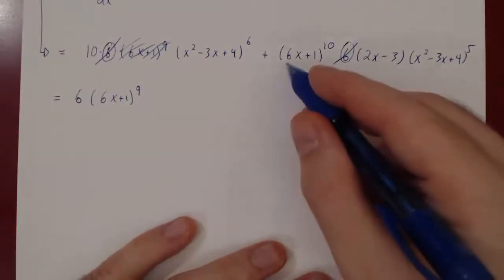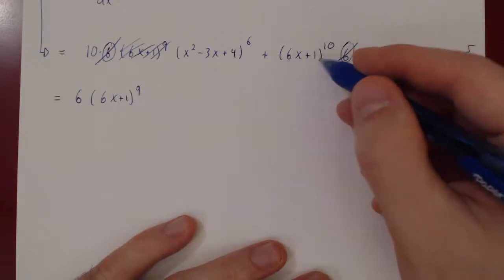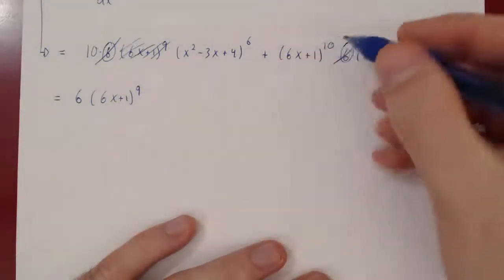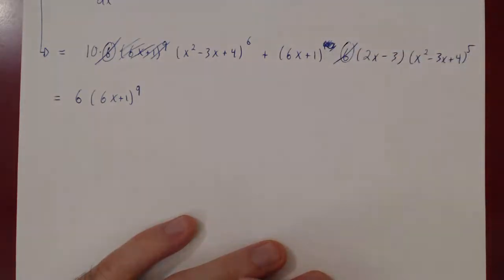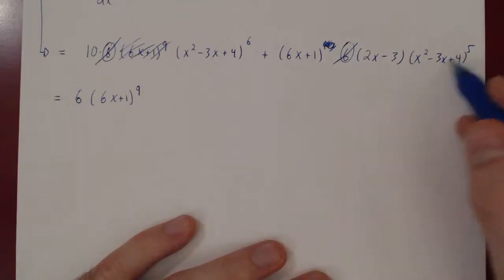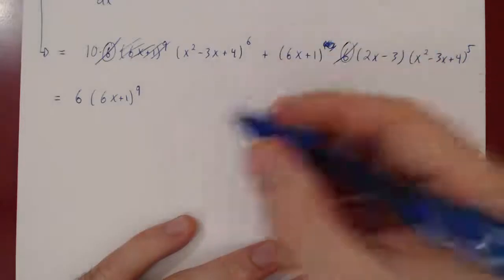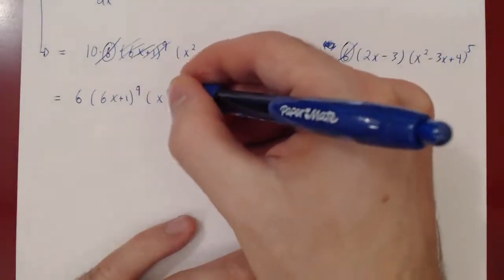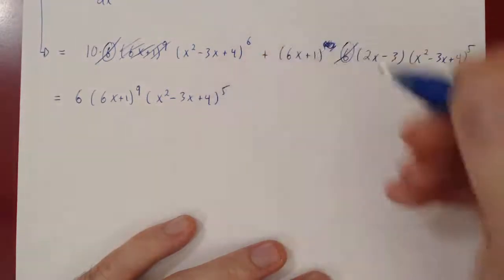If we factor 9 from the 10th term, right, we have 10 here, factors of 6x plus 1. We take away 9, we're left with only 1. What else can we factor? Well, we have here this quadratic. There's 5 of those here, 6 here. So we can factor 5. So x squared minus 3x plus 4 to the 5th power.